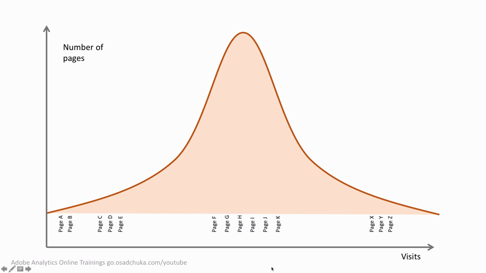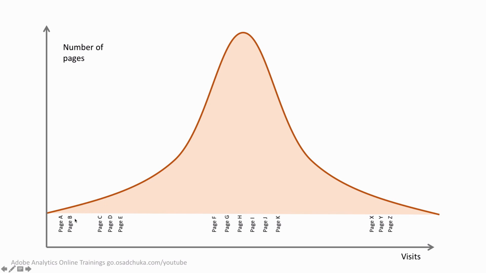So the idea is, on the horizontal axis we have number of visits, on the vertical axis we have number of pages. And there are many pages that have average number of visits. So here, under this part of the curve, we have most of our pages on our website. And these pages, for example, on average may be viewed, I don't know, for example, every week there are 10 or 20 visits on these pages, and this is kind of average for our website.